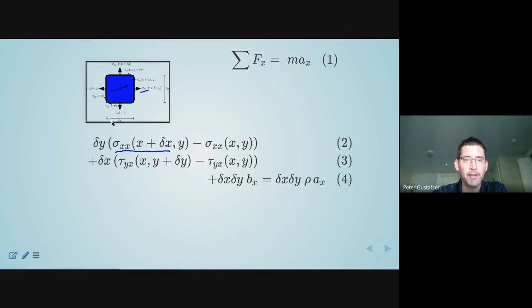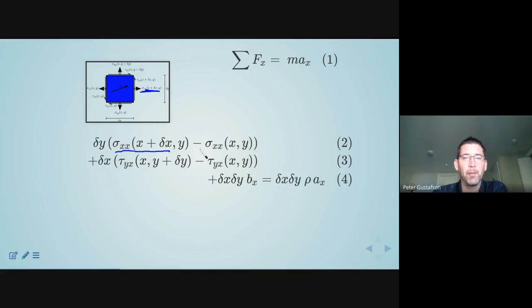Note I've got x plus dx on the right-hand side here. So this entire expression, sigma xx at the position x plus dx, comma y, times delta y is a component of force in the x direction.